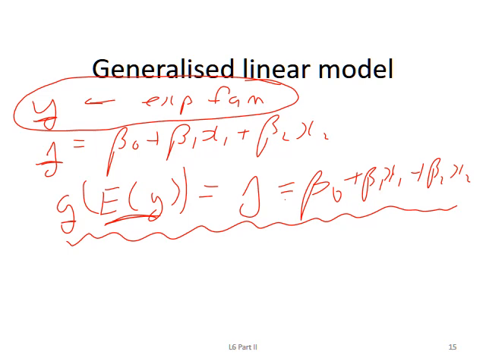In the next lecture, we will see how we can fit these types of models to a data set and how we can interpret the results from such a model fitted to the data.